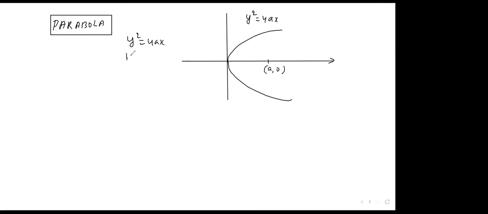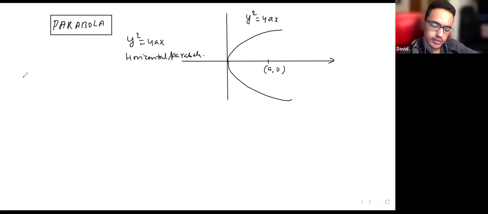This is called a horizontal parabola. And a vertical parabola is along the y-axis.